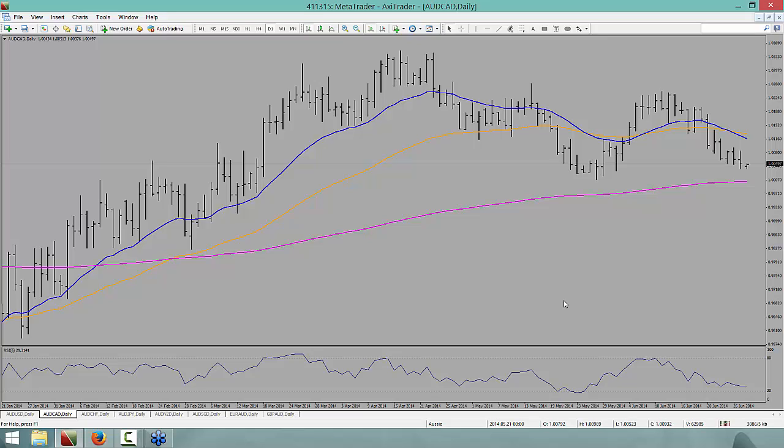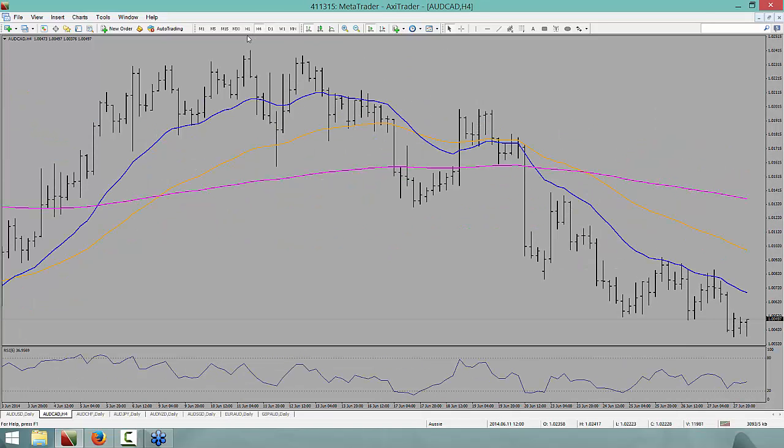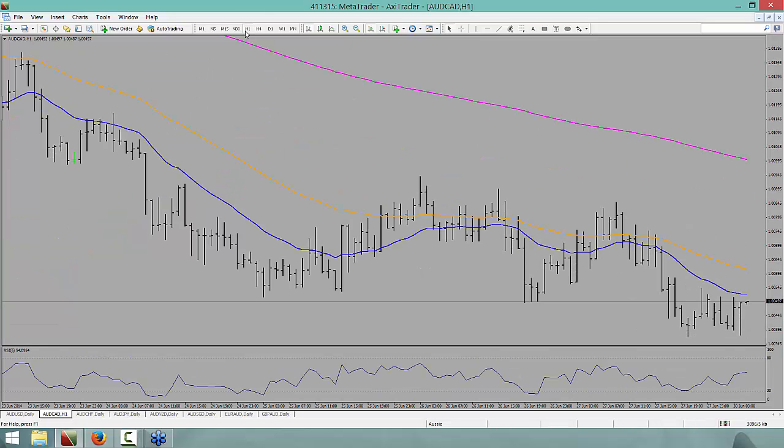Aussie CAD, here we're in a trend, obviously a downtrend. The Canadian is stronger at the moment. We're not yet overdone, so we could potentially look at opportunities, but they're not there yet. You're at the phase 2 stage, but that's something you can keep an eye on.